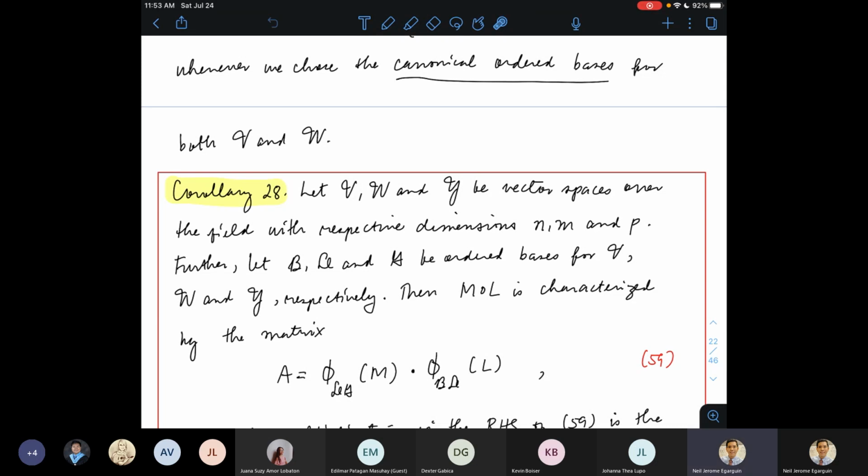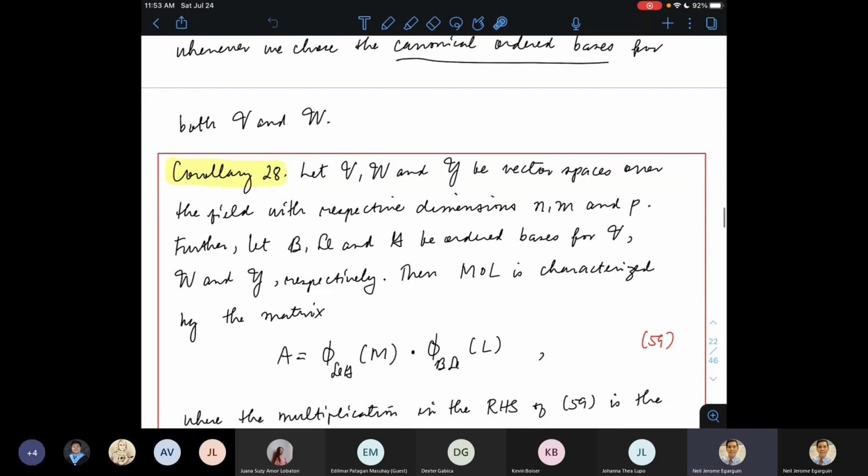Did I give one problem for that in the homework? Hindi, no? Parang ang problem ko lang ay pagkuha ng rank, pagkuha ng nullity, tapos pagko-convert from linear transformation to matrix. Probably I can add one problem.